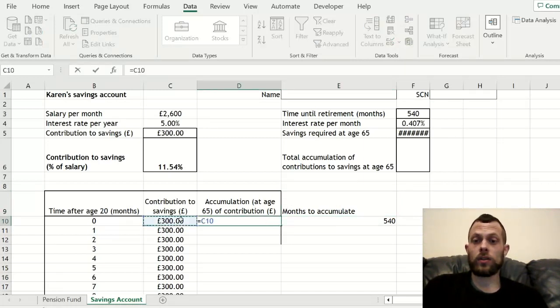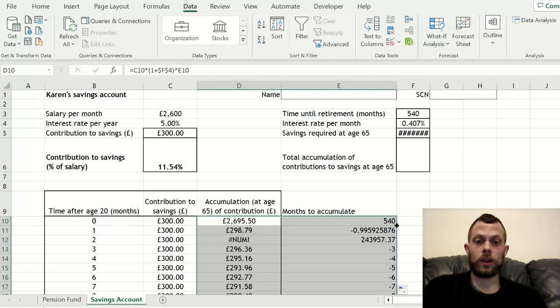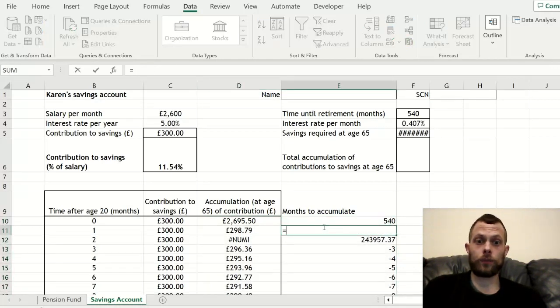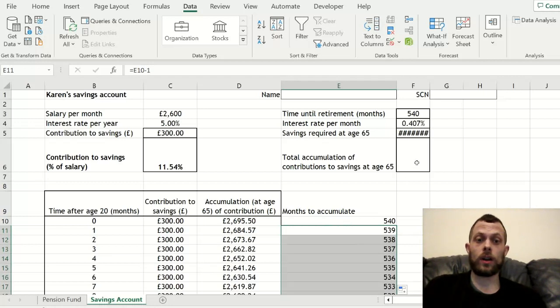There's a formula, it should have said months to accumulate, so I'll just fix that. Accumulation is equal to the cash flow size multiplied by the interest multiplier, so 1 plus the interest rate, and that's going to be to the power of the number of months, which is the 540. Now if we try filling these formulae down, a slight mistake, because the 540 was itself a formula, so I'll just fix the one underneath it by taking away 1 each time, and we can see it goes down.